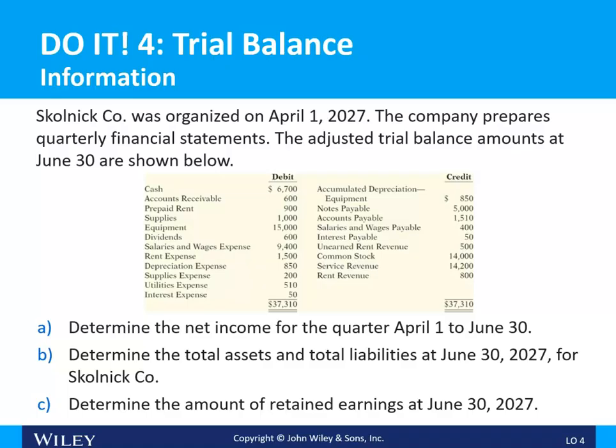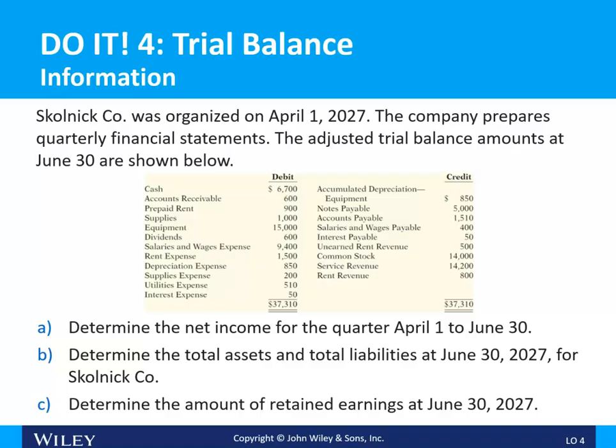So a good way to start is to look at our debit side of our trial balance. So we used our expenses already. Dividends is a debit, but dividends are not part of assets. So everything else are our assets. So cash, accounts receivable, prepaid rent, supplies, and equipment.